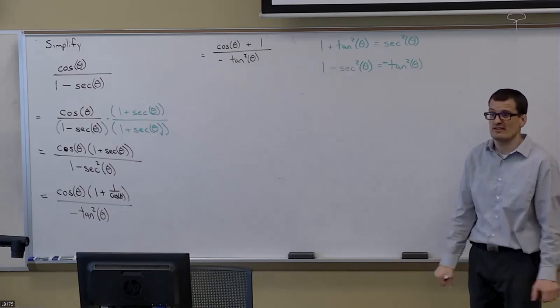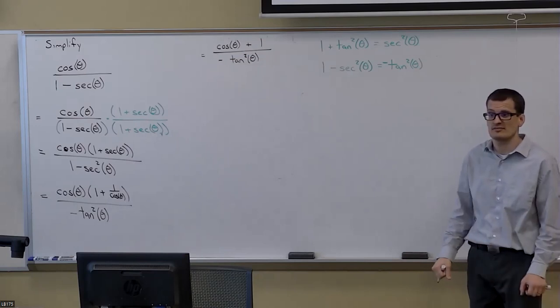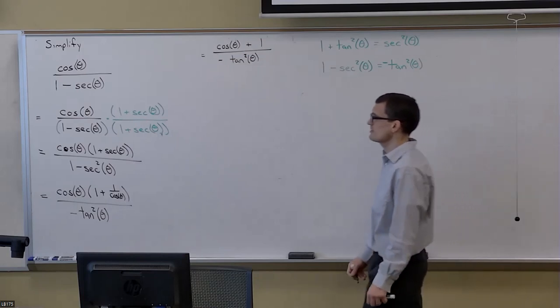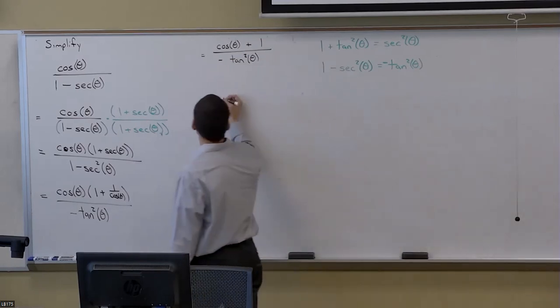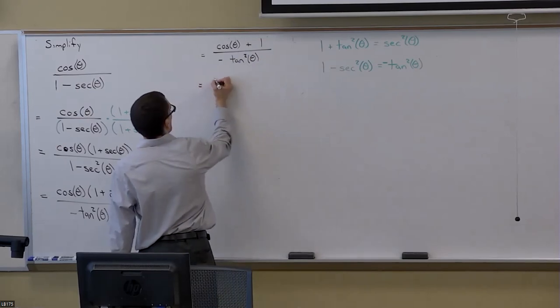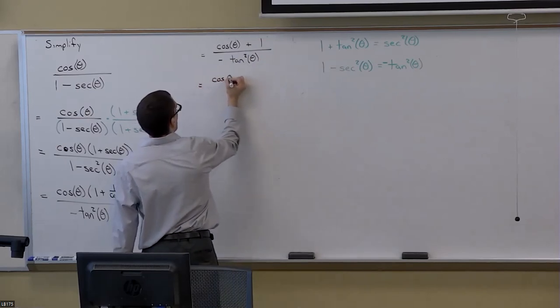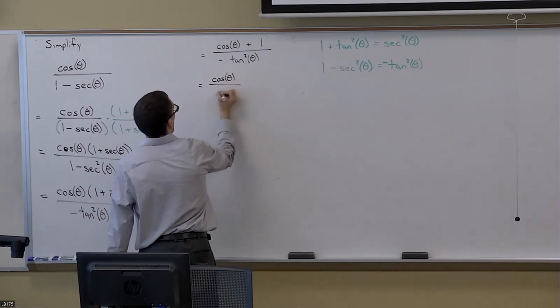Again, it's not a nice thing, is it? That's okay. Okay. Let me rewrite this. Cosine of theta over negative tangent squared.